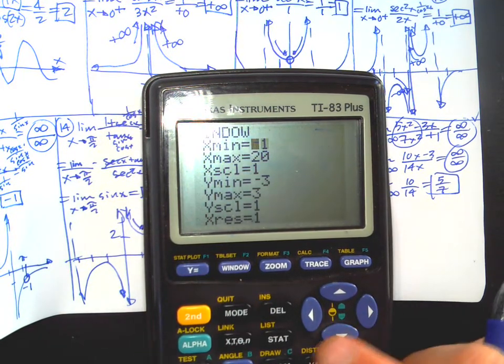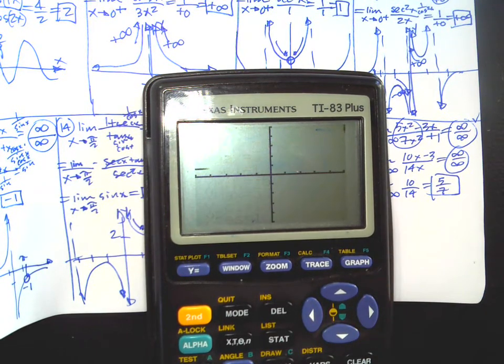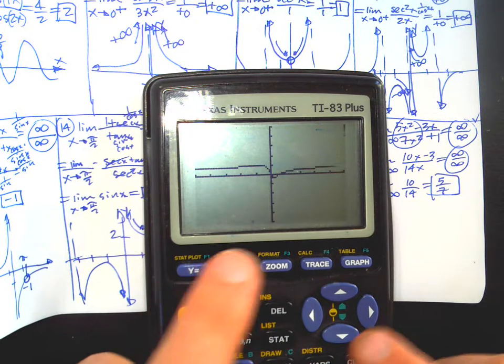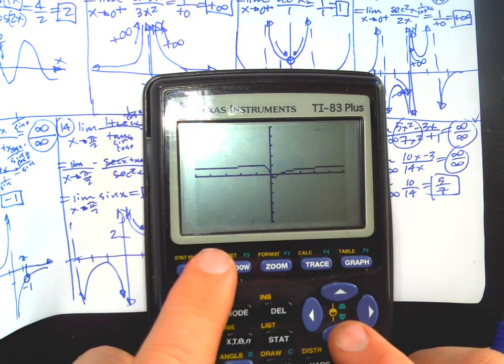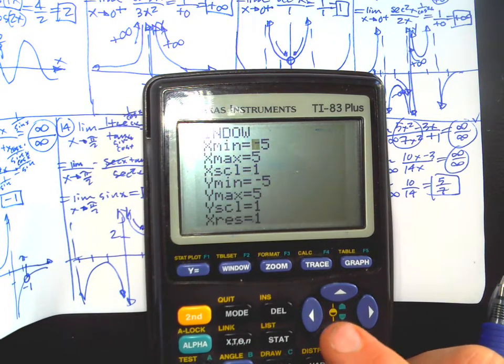Window, I'm just going to say -5 to 5, -5 to 5 right now. It does something kind of funny there. I guess we could change our window to see a little better. Maybe -1 to 1 for the y value.